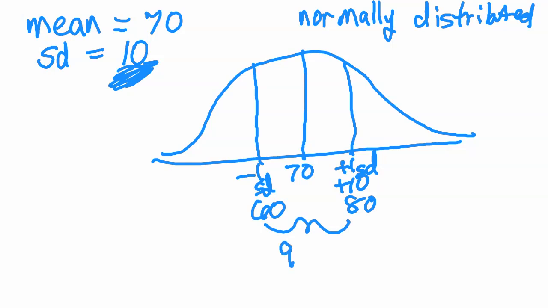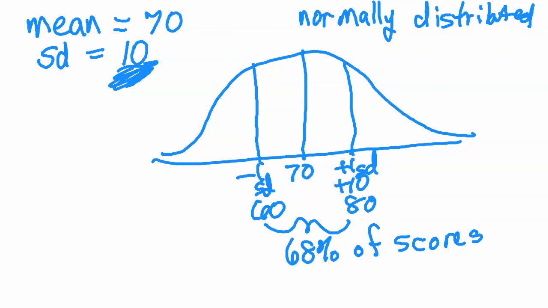Oh, sorry, not 95. It would be 68. 68% of your scores should be approximately between 60 and 80. Or between 60 and 80 should be approximately 68% of your scores if, say, these were test scores.